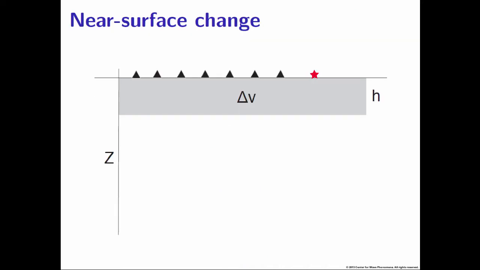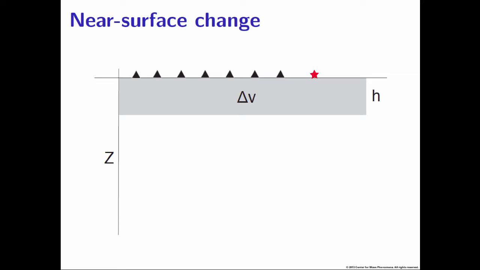But for us to infer that for our data, we made a simplifying assumption that the velocity changes we are observing from our monitored stations result from a velocity change within the subsurface that extends to the monitoring surface.